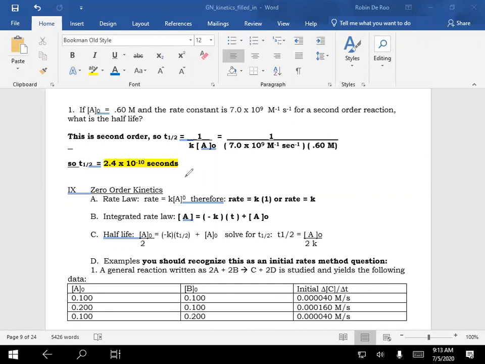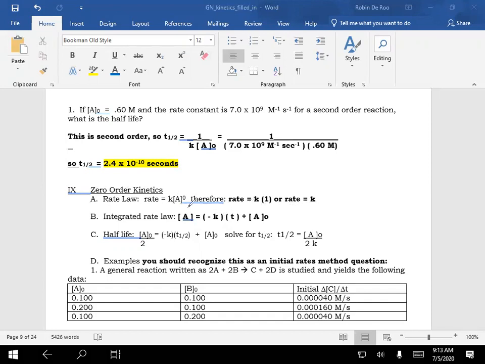Okay, let's discuss zero order kinetics. The rate law is rate equals K times the concentration of A to the 0. So we have 0, and that's why it's zero order. If you simplify this, it's rate equals K to the 1, A to the 0 equals 1, or rate equals K. If this is our rate law, and we do the calculus and integrate it, this would be our integrated rate law.